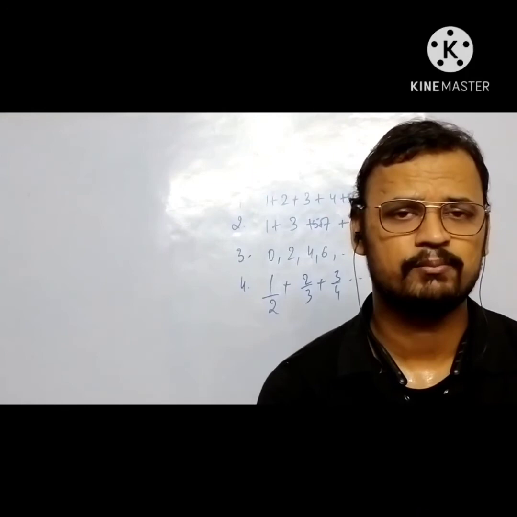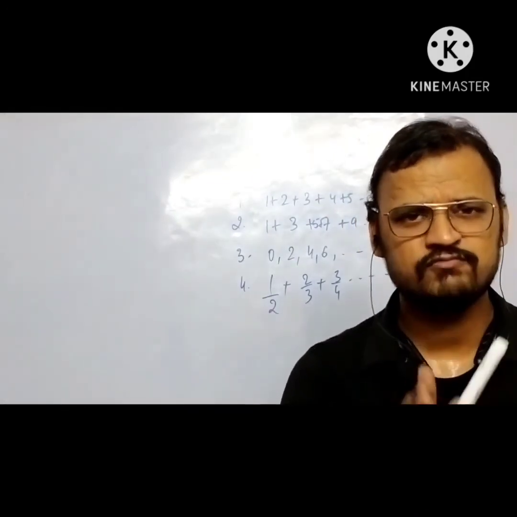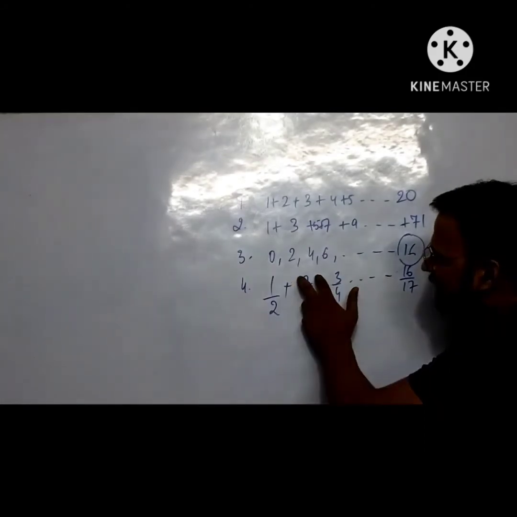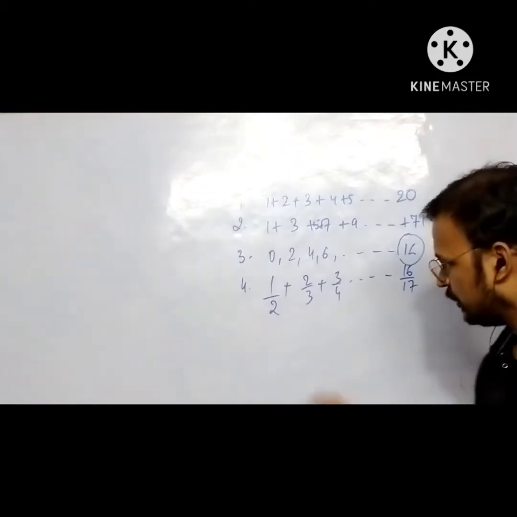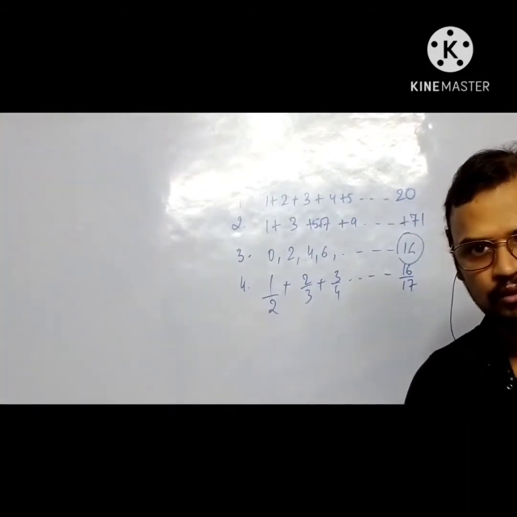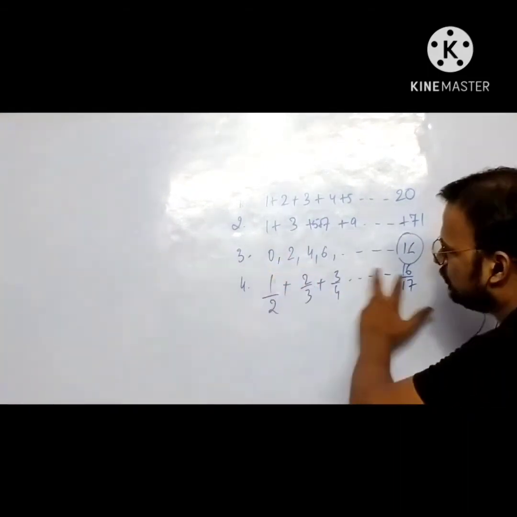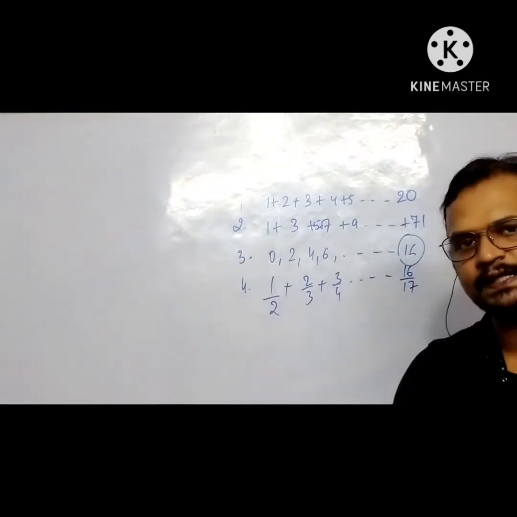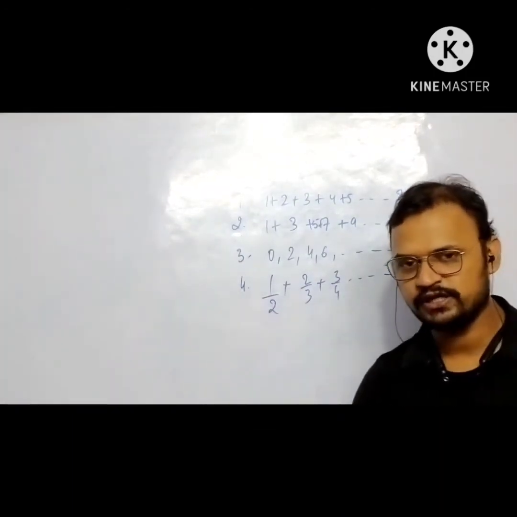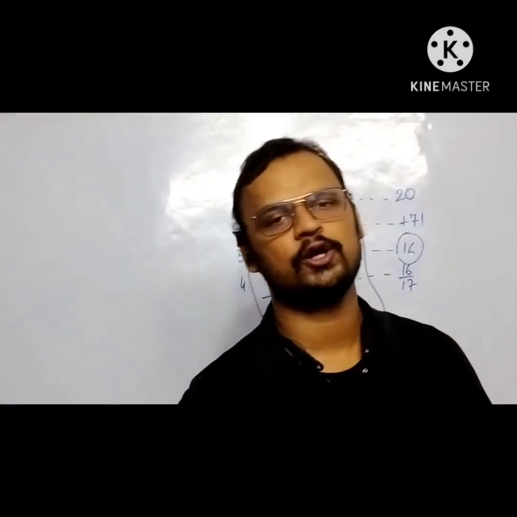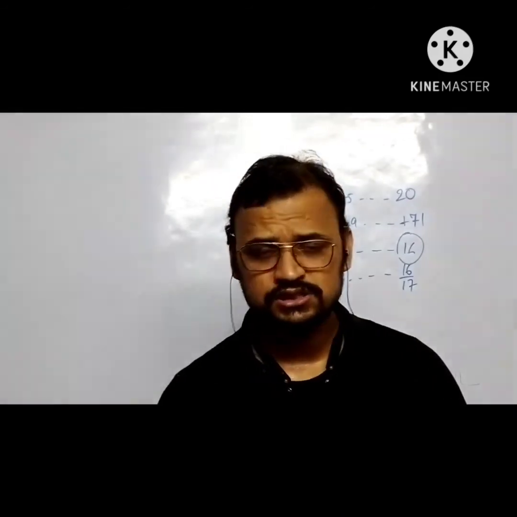I hope if you are a math student or know some math, you are getting the point that whatever the value in the numerator is, the denominator possesses one more than that value. Okay, whatever the value the numerator has, the denominator is one greater than that value. If the numerator has 20, the denominator has 21. If the numerator has 60, the denominator has 61. This is the point.